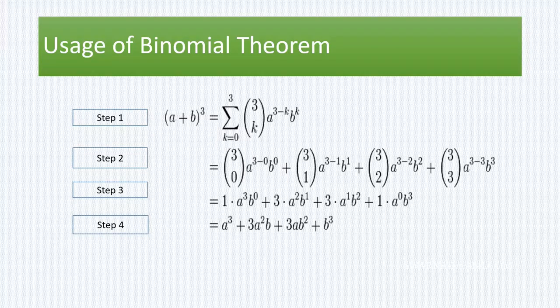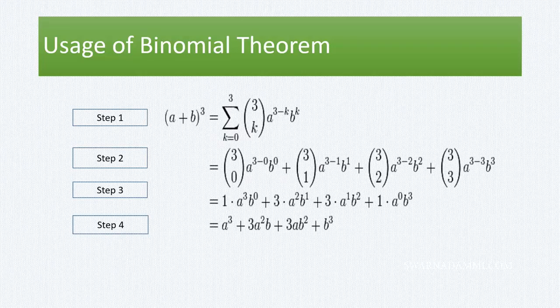Again in step 1 you can see (a plus b) to the power 3 equals sigma k starting from 0 up to 3, 3Ck a to the power 3 minus k b to the power k.